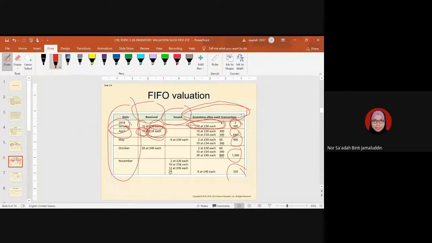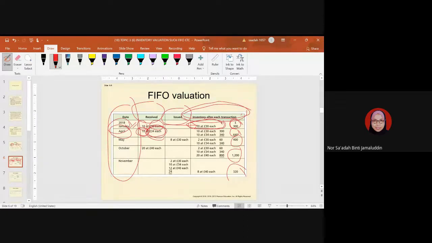Okay, so that in the balance part, you need to put first because your receive in January still ada dalam awak punya store. Still in your store. Okay, masih belum dijual.